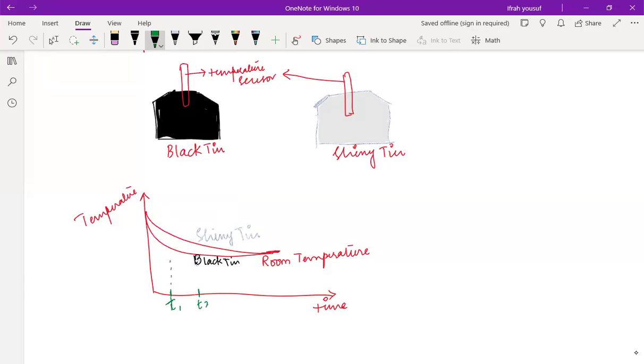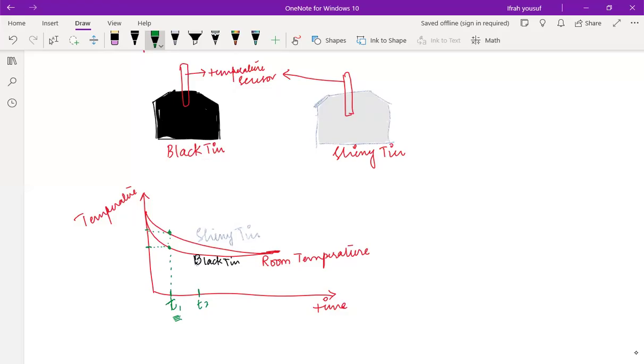If I select this point and this point, in that T1 seconds, or it could be minutes, it could be an hour, what are you observing here? In that specific time, the black tin has less temperature and the shiny tin has more temperature at this particular time. Okay, right? So this is how we identify that the black tin is a good emitter.